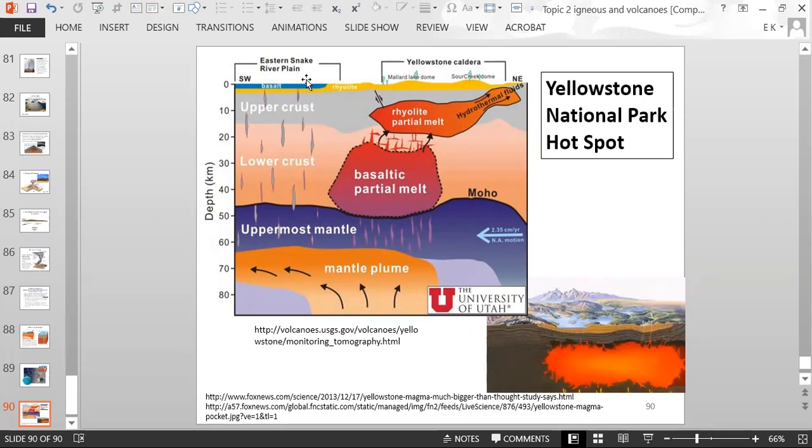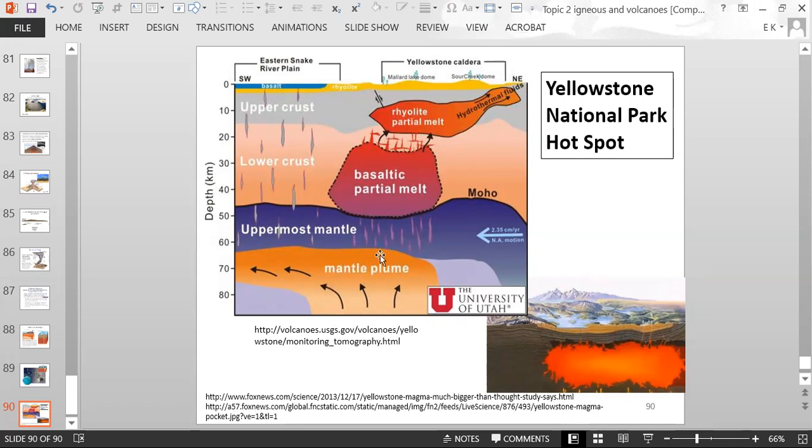So you do have some lava. In this case, it formed rhyolite in some of these areas. And over here you have basalt. This is your rhyolite magma chamber. This deeper down is your basaltic. And these form from partial melting.